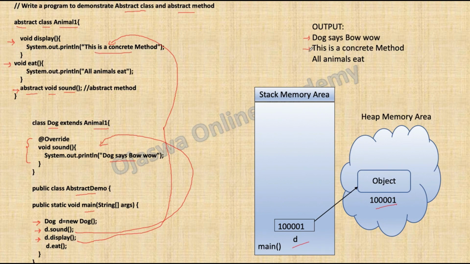This is printed to the console. Then we are invoking d.eat. Again, the method eat is inherited inside class dog. Hence we can invoke the method using the dog object. Control of the program will go to the method definition and the code inside will execute. All animals eat. This will be printed to the console. So this is how we declare an abstract class and abstract method, and you need to implement the abstract method in the subclass.